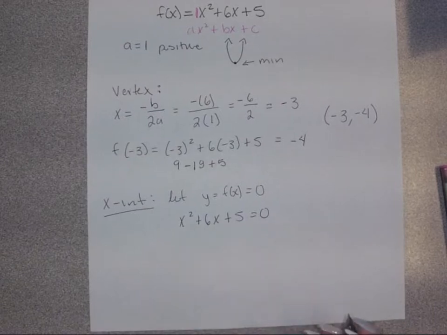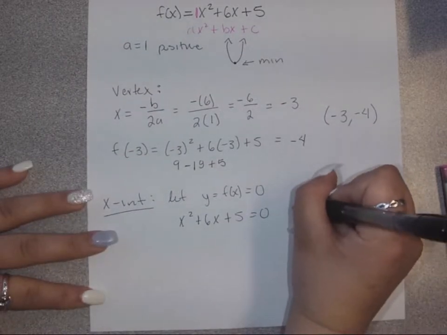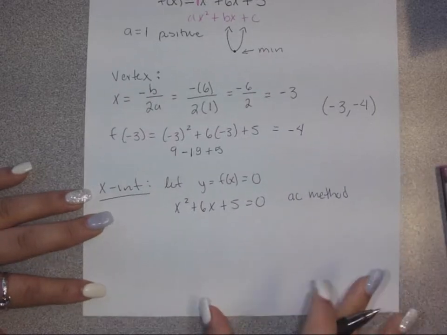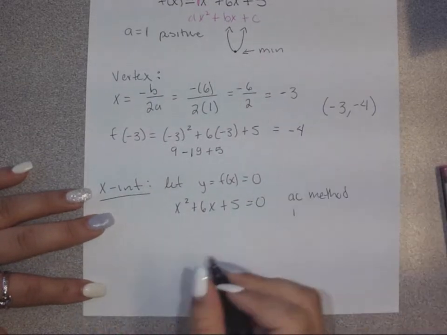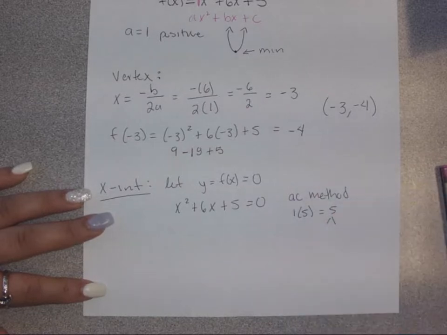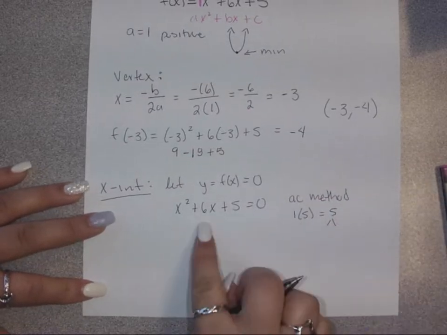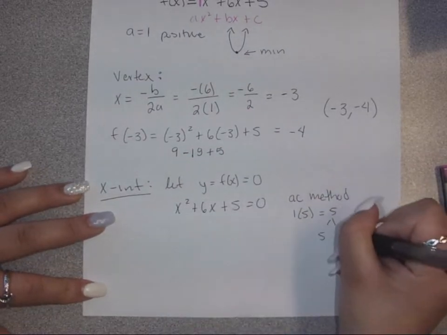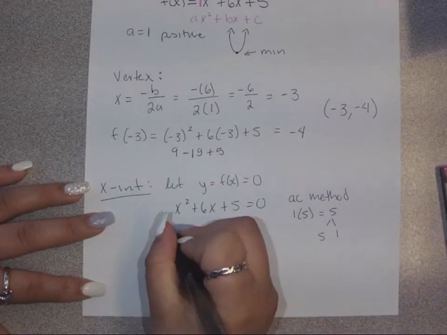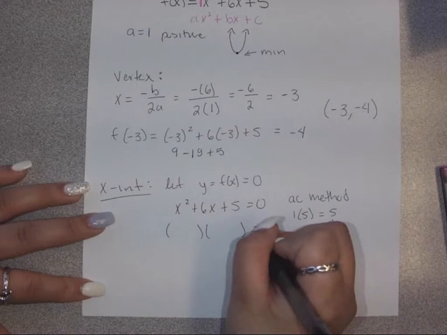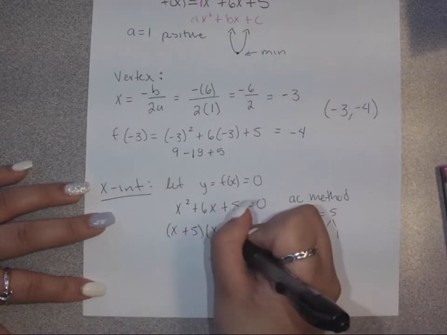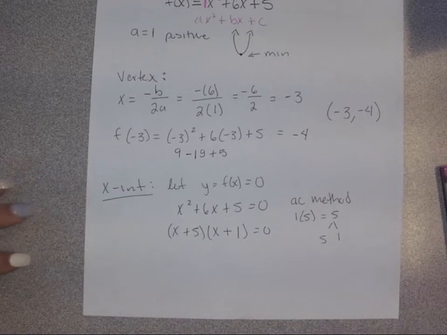To solve this one, as you can see, we're going to have to factor, so we're going to use our AC method. Our a value is 1, our c value is 5, 1 times 5 is 5. You look for factors of 5 that will add up to 6, so the factors 5 and 1 will add up to 6. Because our a value is 1, I know this is going to factor into x plus 5 times x plus 1.